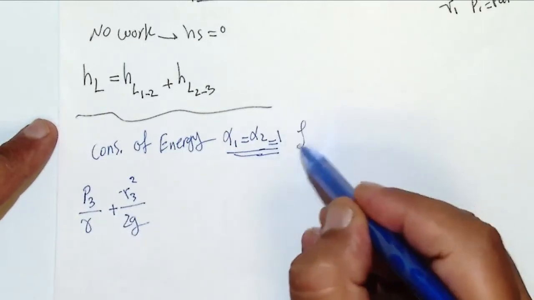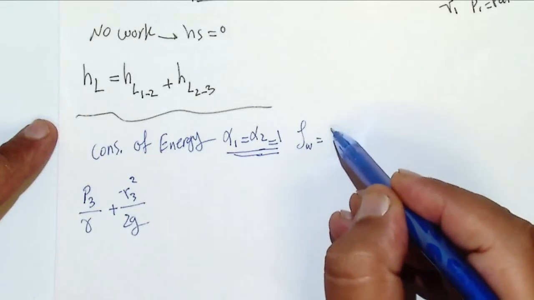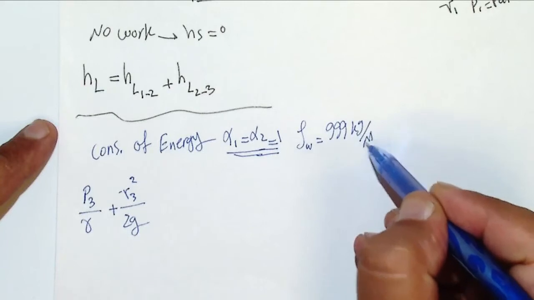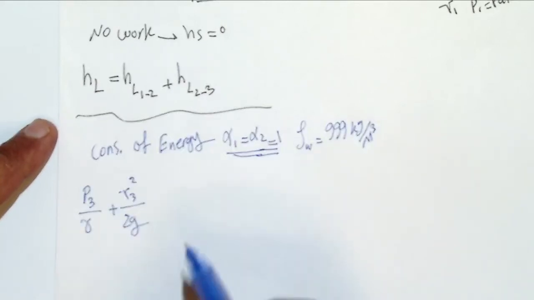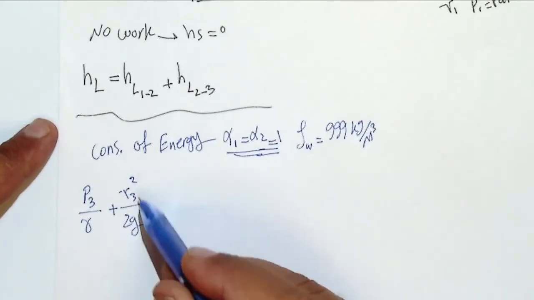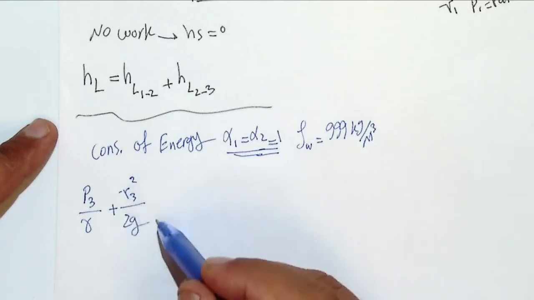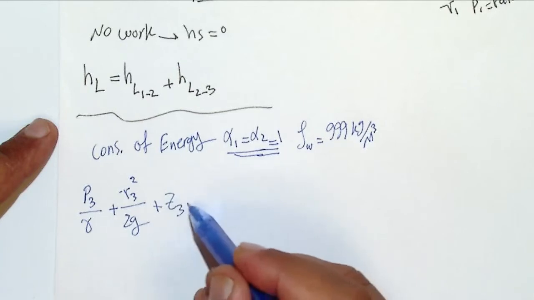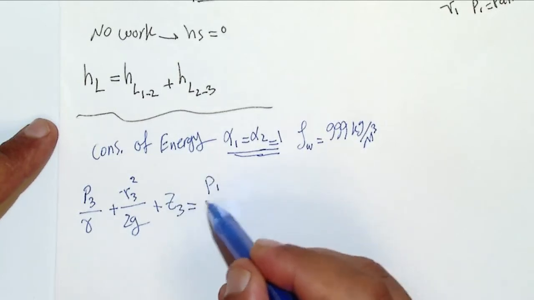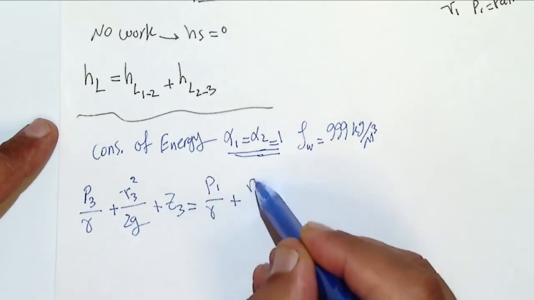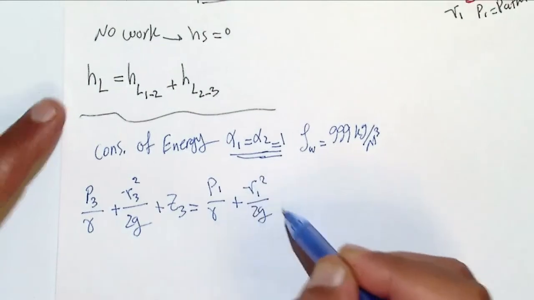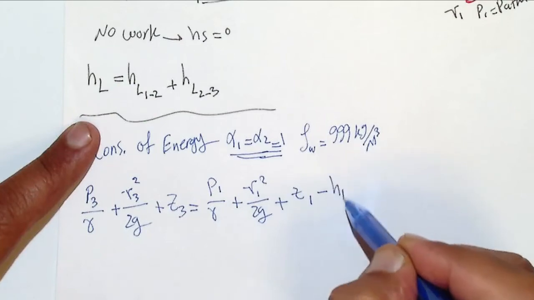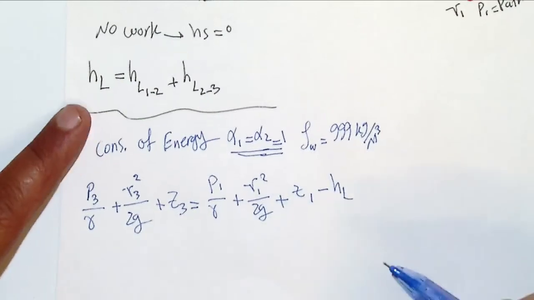Also, rho of water is given as 999 kilogram per meter cubed. So V3 squared over 2g plus Z3 has to be equal to P1 over gamma plus V1 squared over 2g plus Z1 minus head loss. That's the whole equation.